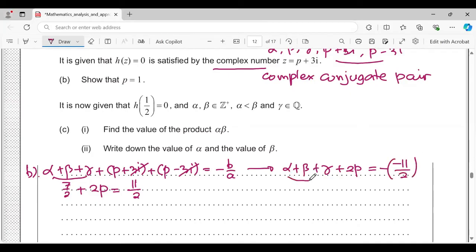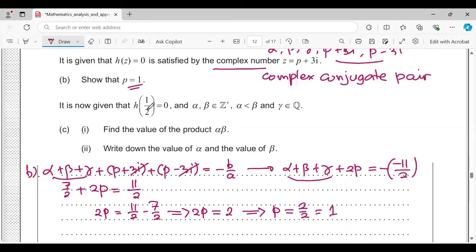Recall that alpha plus beta plus gamma equals 7 over 2. So 2p equals 11 over 2 minus 7 over 2, and 2p equals 4 over 2 equals 2. P equals 2 over 2, which equals 1. So we have proved that p equals 1.